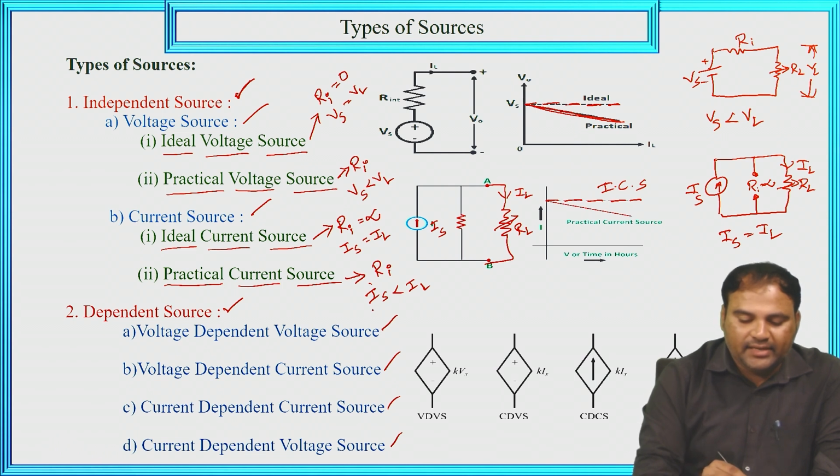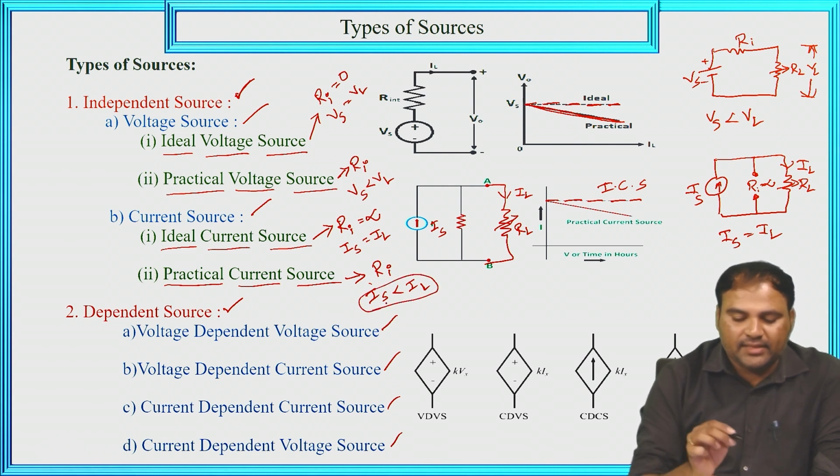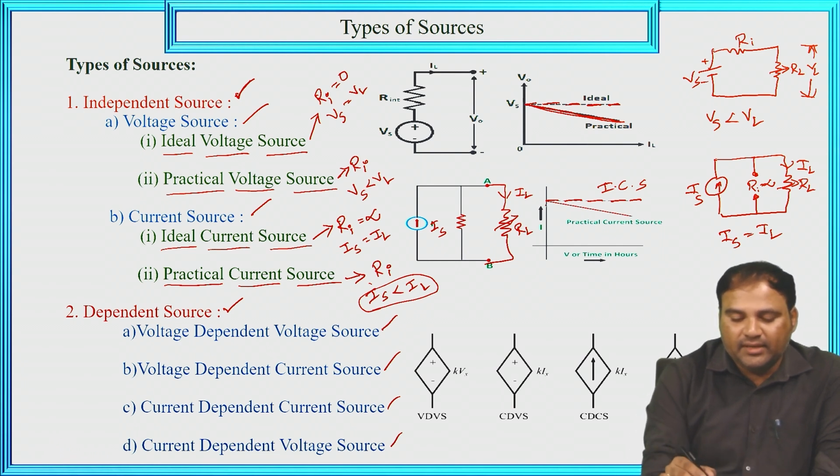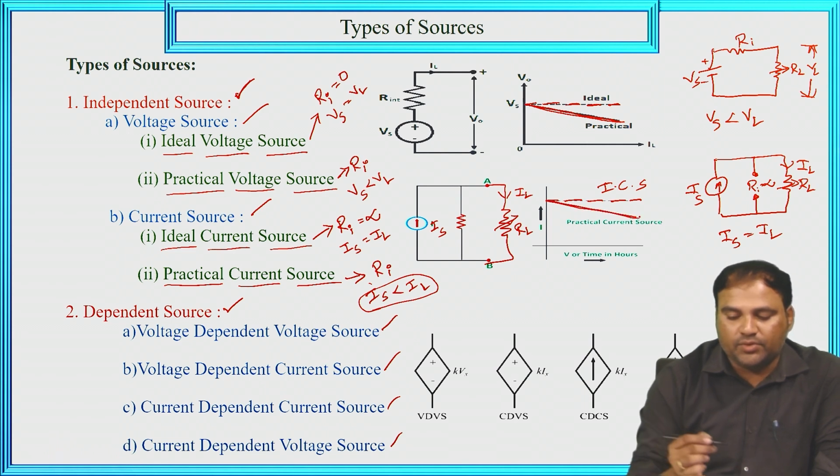In this case the condition is Is is less than IL. So the practical current source has a high internal resistance and the source current is less than the load current IL. In this case we will get a graph like this. This is for the practical current source.